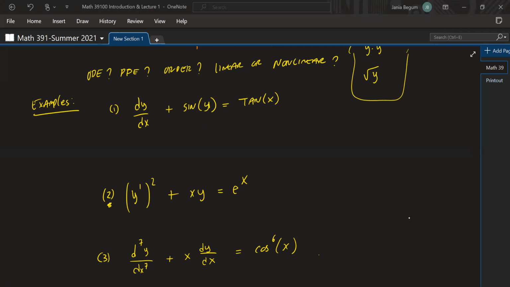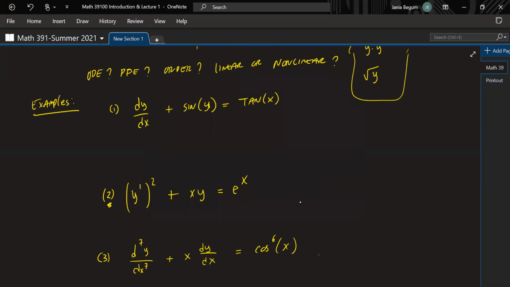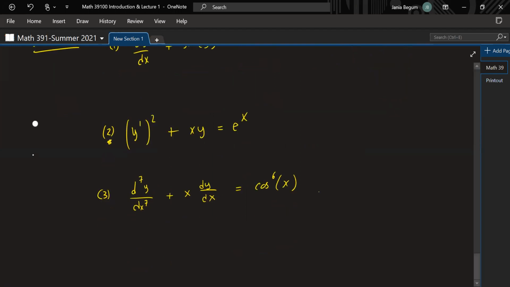Okay, so it should be enough time for you to answer these three problems. So can someone tell me what do you have for the first equation? I found that it was a partial differential equation. Okay, so why do you think it's partial? Because it's in terms of y and x.